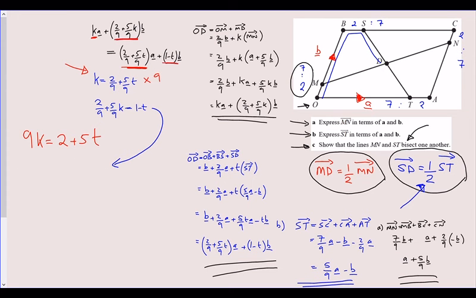No, I don't like doing that either. Let me just see what I've done in my notes. Yep, okay, I have done that. So I've taken the t to one side there, so t is going to be equal to 1 minus 2 over 9 minus 5 over 9k, which is 7 over 9 minus 5 over 9k.